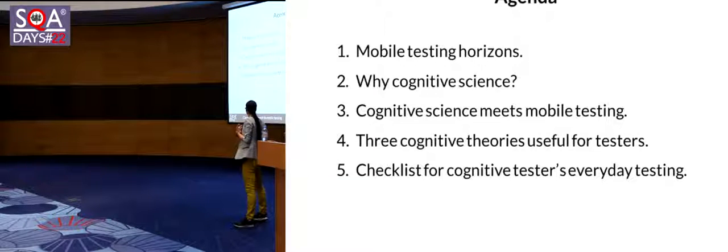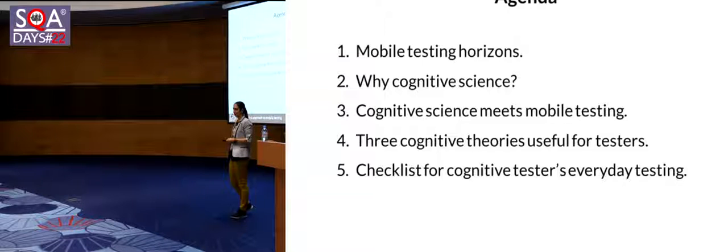Then I will try to define the approach I propose. I will tell you how I understand that cognitive science meets testing, and mobile testing especially. For that, I would like to present 3 cognitive science theories: David Marr's visualization, Gestalt theory, and James Gibson's approach.